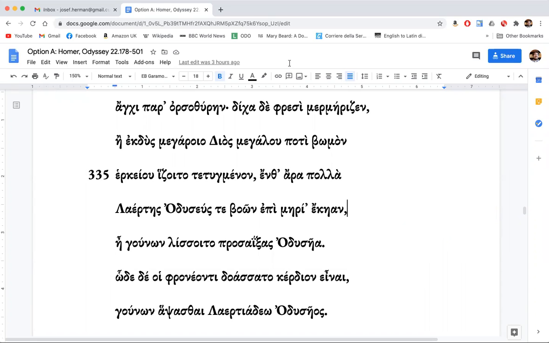But you don't need to worry too much about that. So where Laertes and Odysseus had burnt epi ekean, and then the object is polla meria. Meria means thighs. So many thighs of cows, bo'on. You could say of oxen, genitive plural.